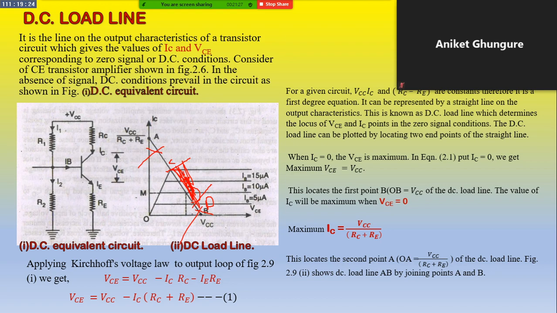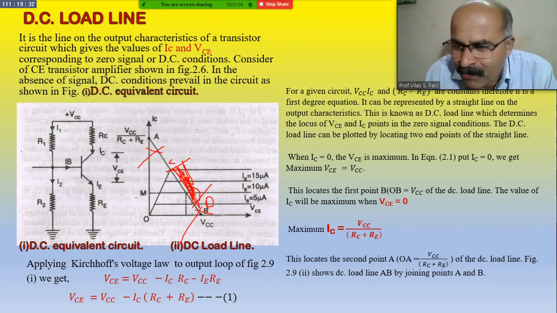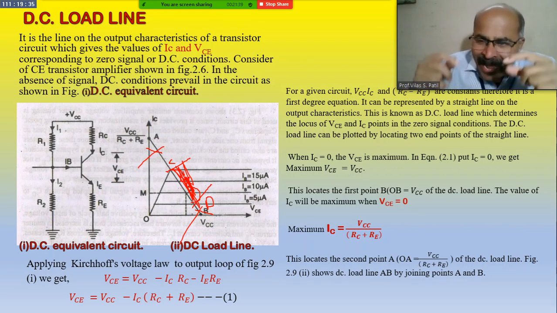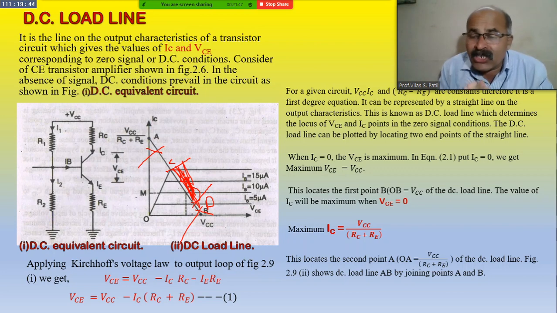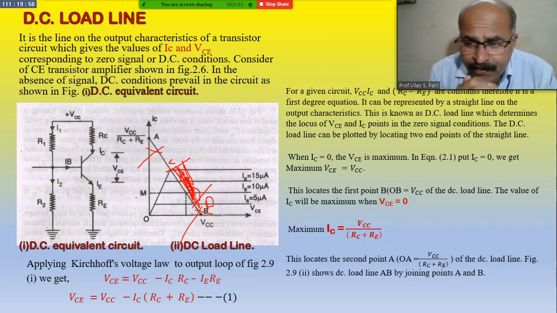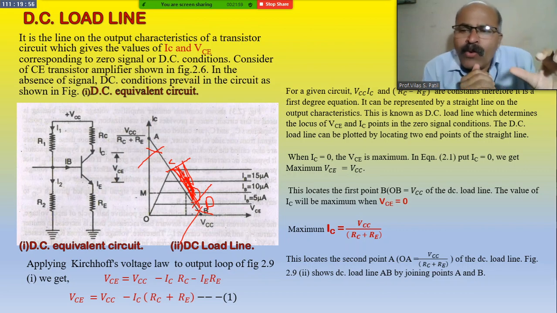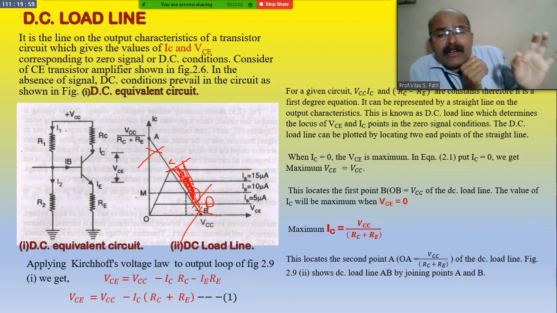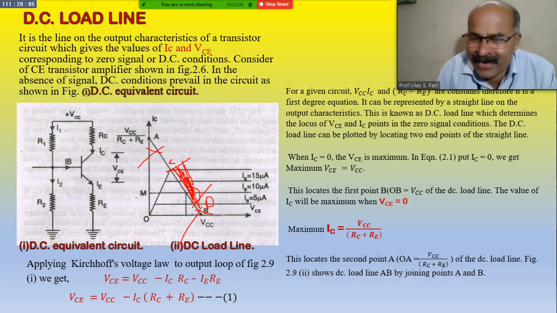In this region, the transistor is properly biased and stabilized and operates as an amplifier, doing the function of transferring resistance from input to output circuit. It means that only that part CD becomes the operating region, and each point in CD is known as a Q point, that is, the operating point.